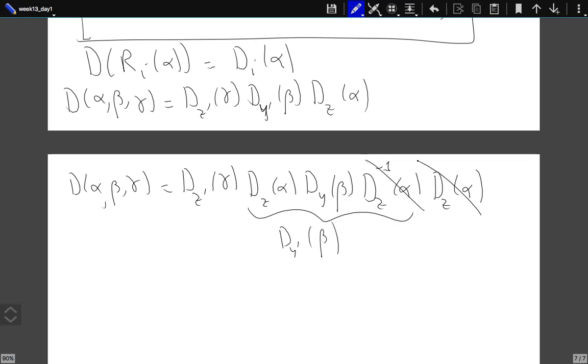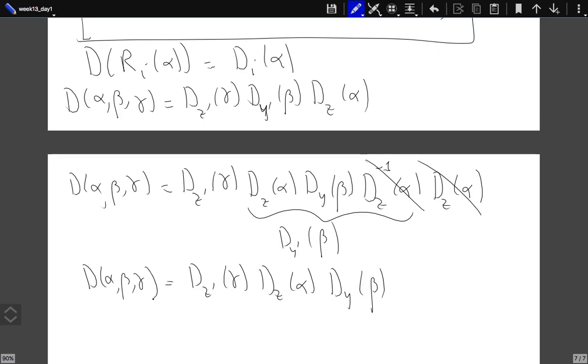So you see these cancel. Nice. This is equal to Dz prime gamma Dz alpha Dy beta. So we still have the rotation around the z prime axis by gamma.